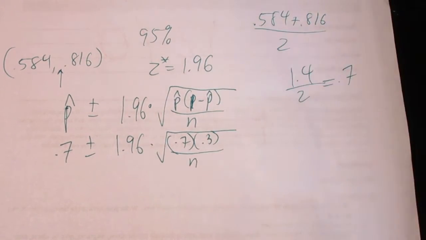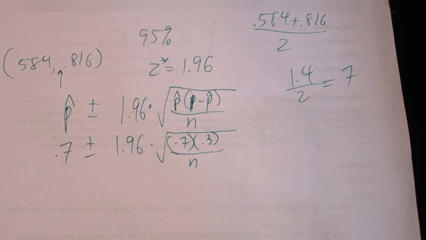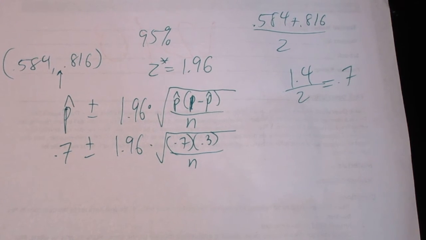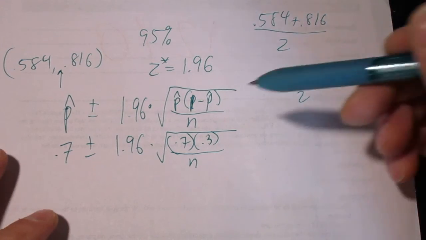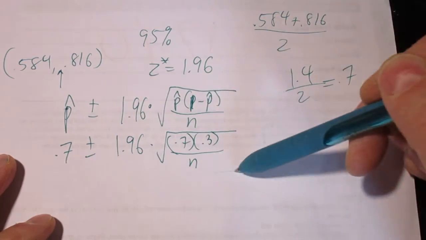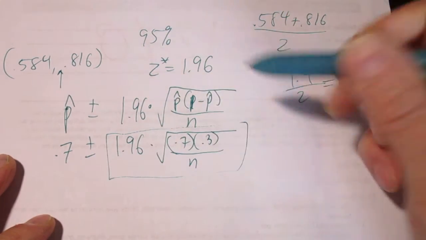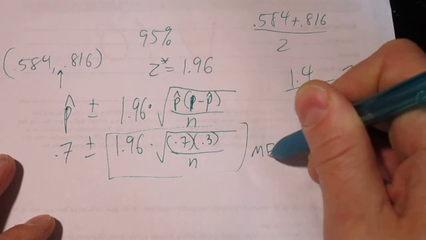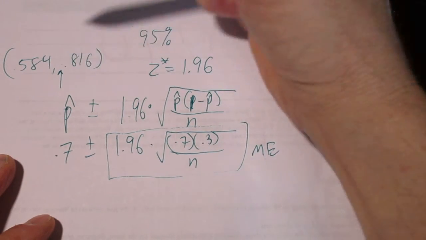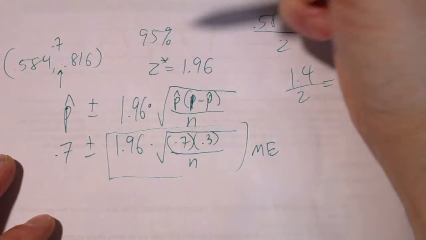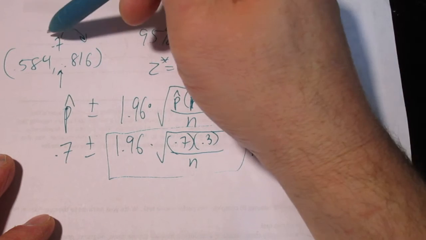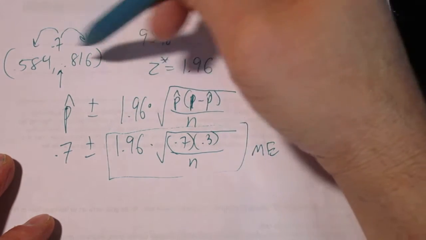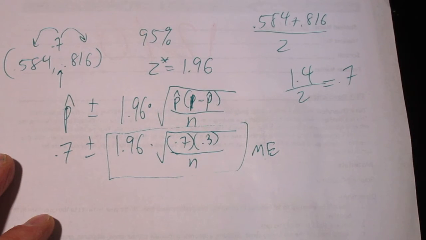Now, there's a few different ways you can go about doing this, but remember, this part is your margin of error. Margin of error is also the amount we add and the amount we subtract to get our two extremes.